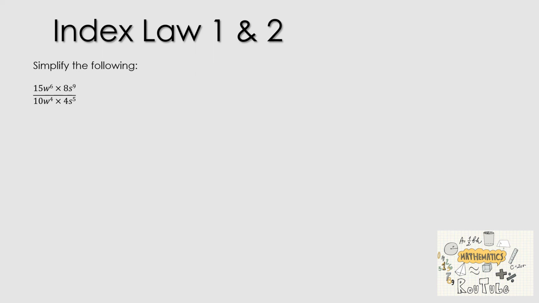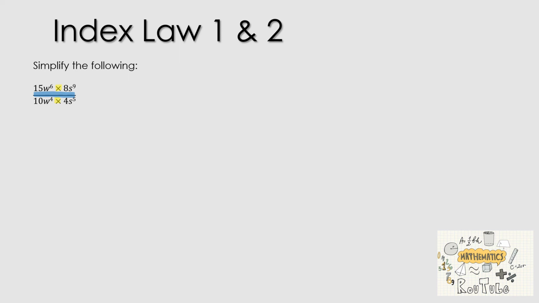So when you get a question like this, hopefully you'll be able to see that we're going to use both index law 1 and 2. The reason is that, as I've highlighted, we've got multiplication, and that line, remember, that vinculum, that fraction, just means division. So we've got multiplication and division here.